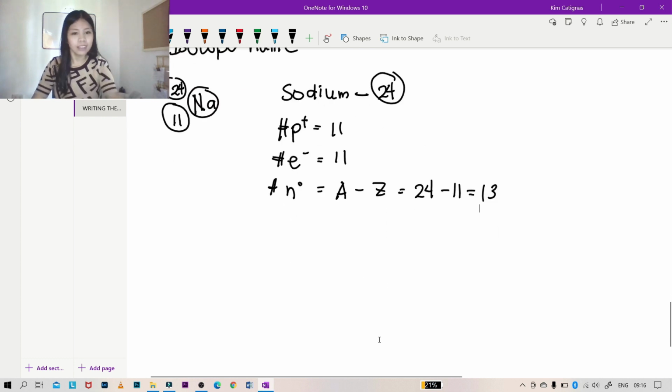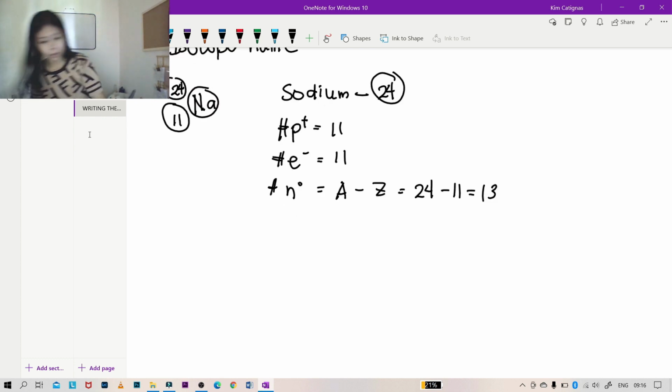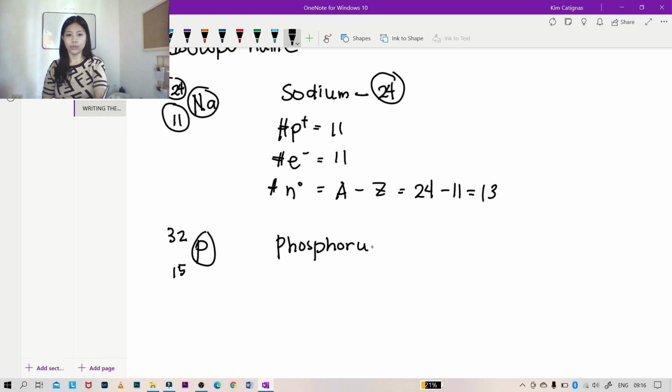Okay? Another thing, for example, if I gave you this one, P, then meron po siyang 32, tapos sa ilalim ay 15. Okay? So, ang P po ay phosphorus. Phosphorus, hyphen 32. Number ng protons ni phosphorus ay 15.